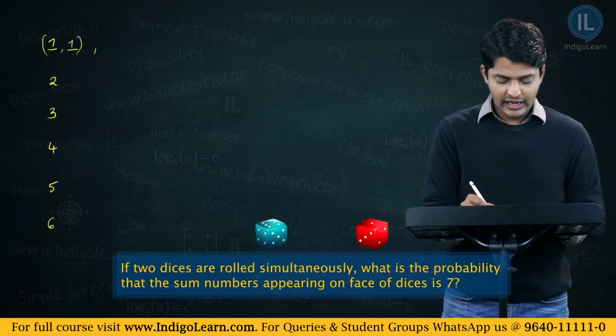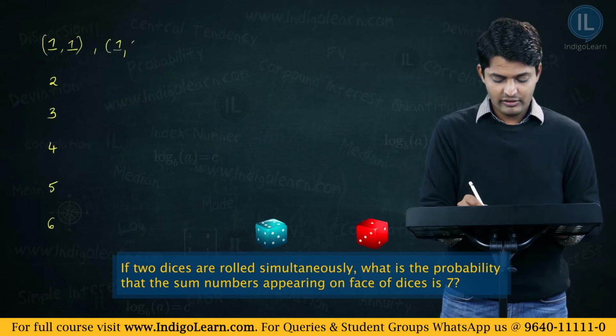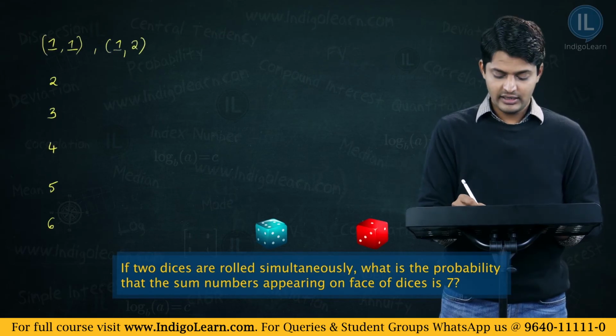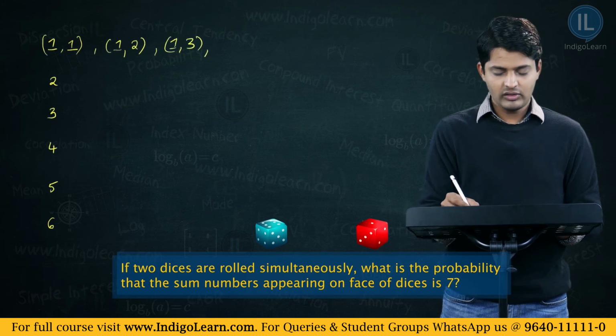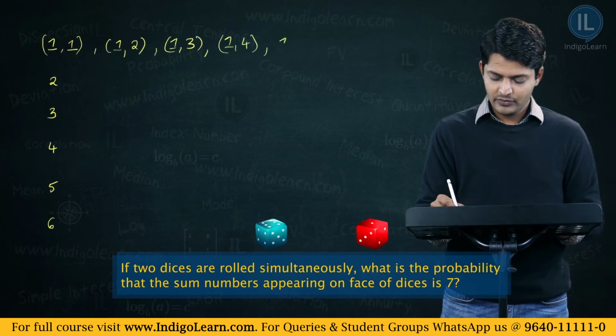Now keeping 1 on the first die, you can also have 2 on the second die. Similarly, you can have 1 comma 3. What will be the next? 1 comma 4. What can be the next one? 1 comma 5. What can be the next one? 1 comma 6.